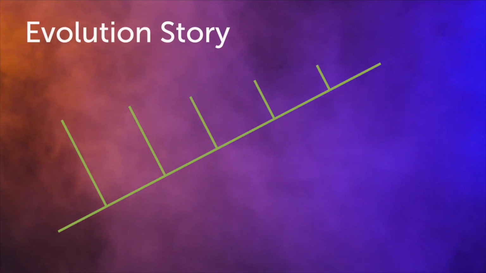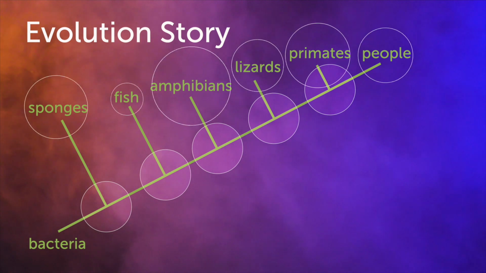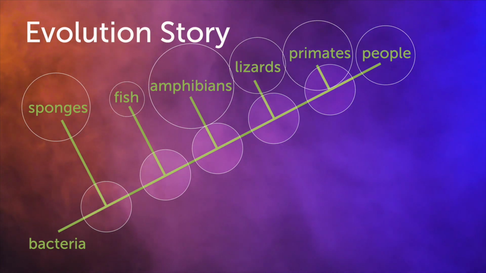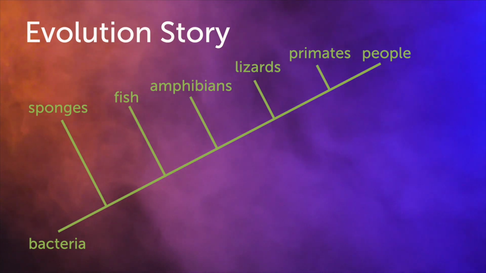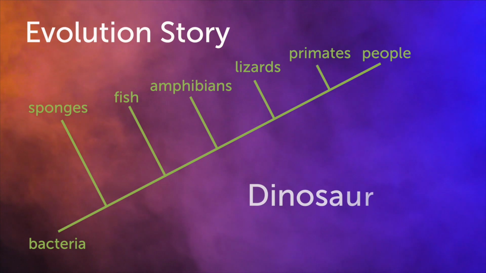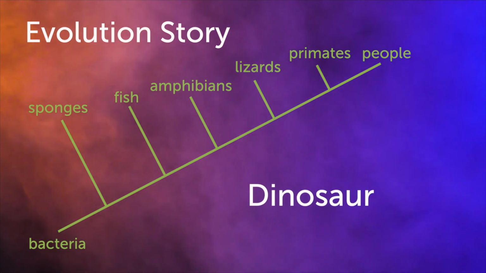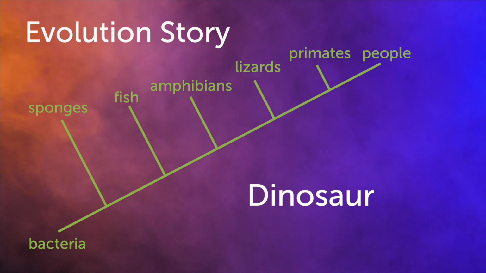Part of the evolution story is their tree of life, with an imagined first life form turning into every plant and animal that ever existed. Evolutionists have a hard time drawing this common descent family tree. For example, evolutionists do not agree on how to place dinosaurs into the evolution's tree of life.